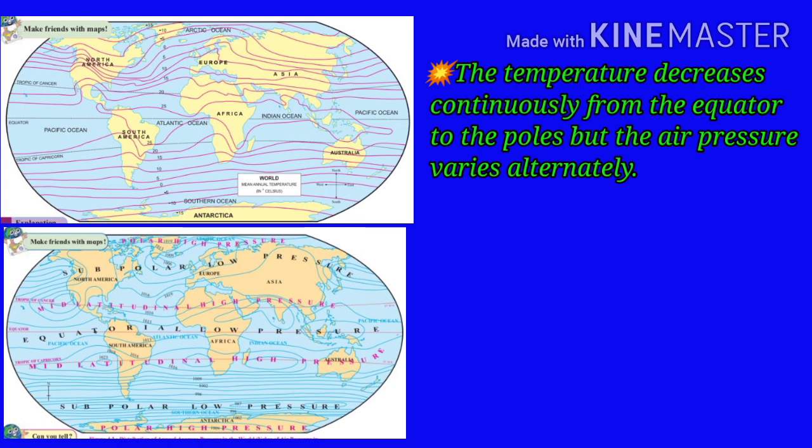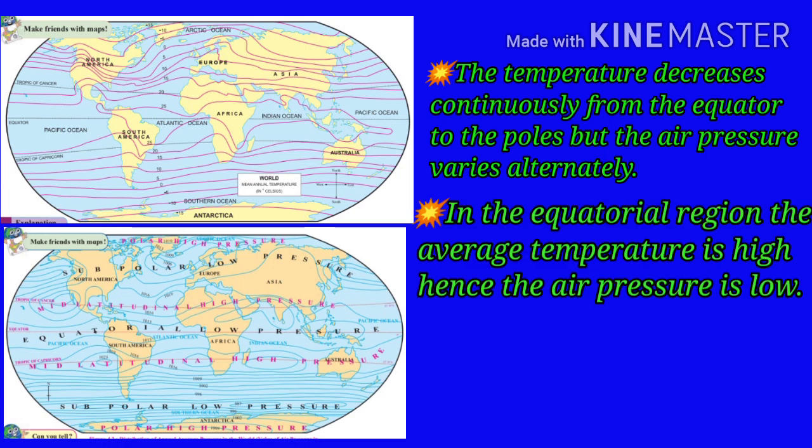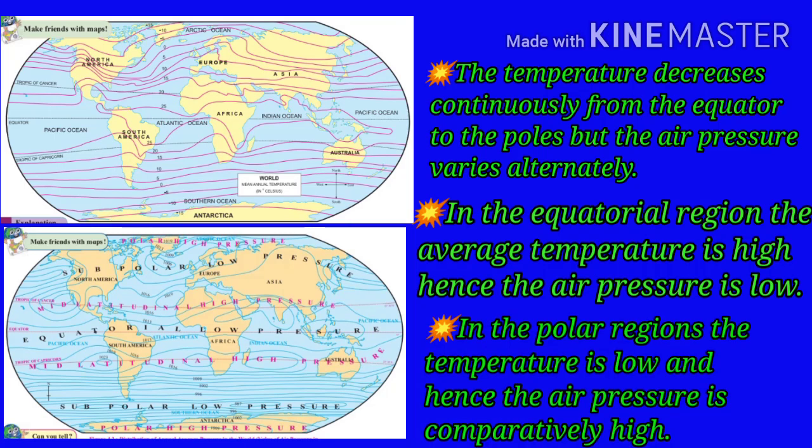The temperature decreases continuously from the equator to the poles, but the air pressure varies alternately. In the equatorial region, the average temperature is high, hence the air pressure is low. In the polar regions, the temperature is low and hence the air pressure is comparatively high.